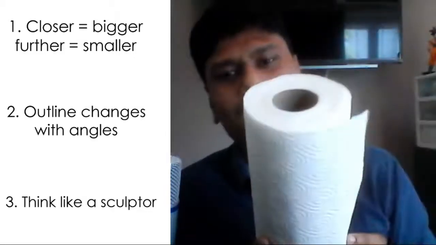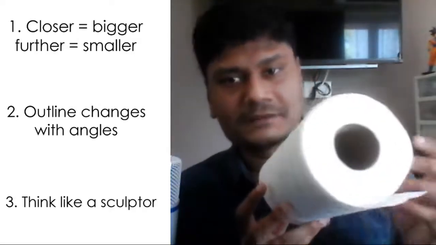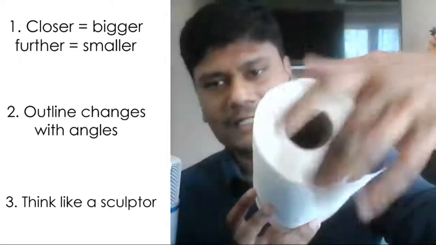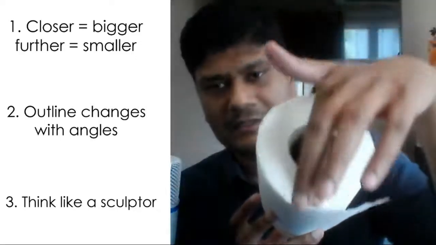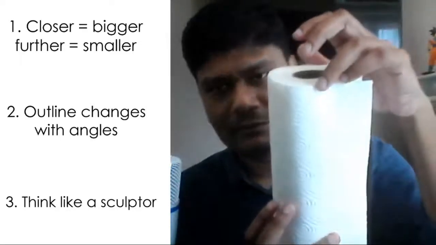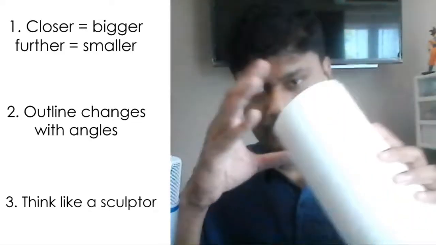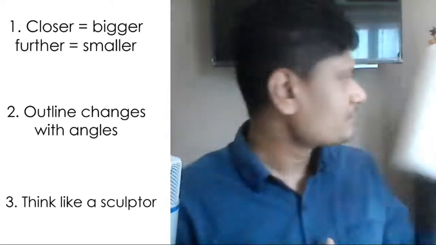That connects with the first principle, because the diameter gets smaller as it's getting away from you. So when you take a circle and squish it, it becomes an oval.